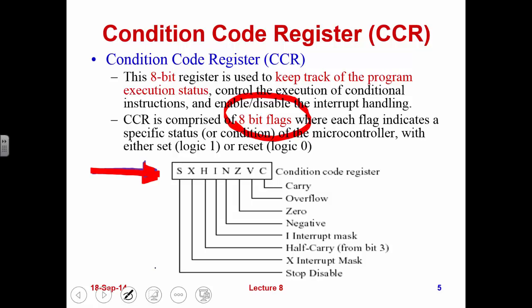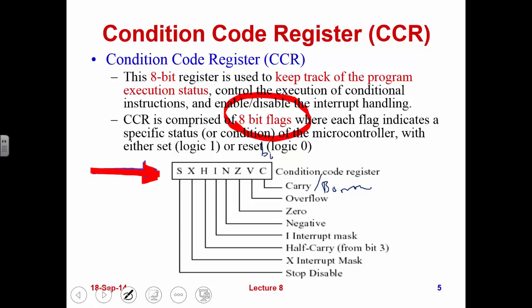Why is it called C? Because it's the carry bit. This bit 0 is the carry bit, indicating whether the previous operation involved a carry or borrow. We can call it borrow or carry, because we can simply consider borrow as a special type of carry.